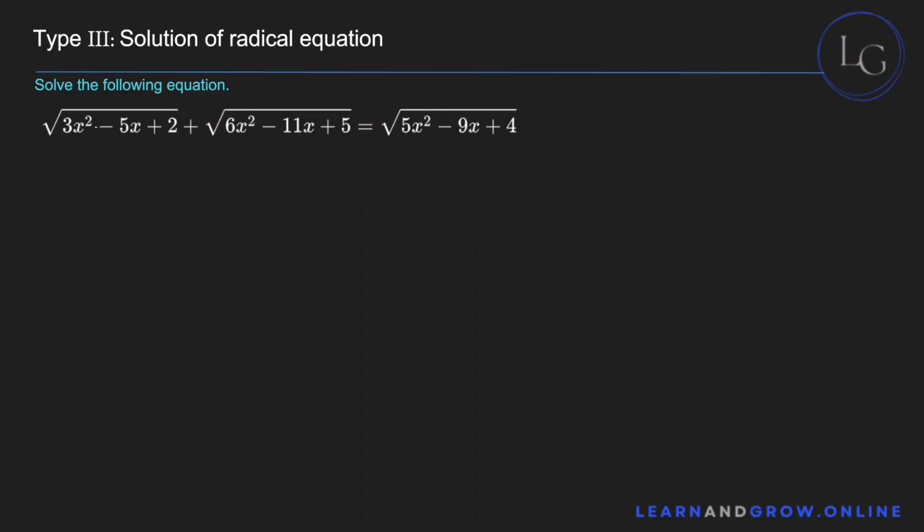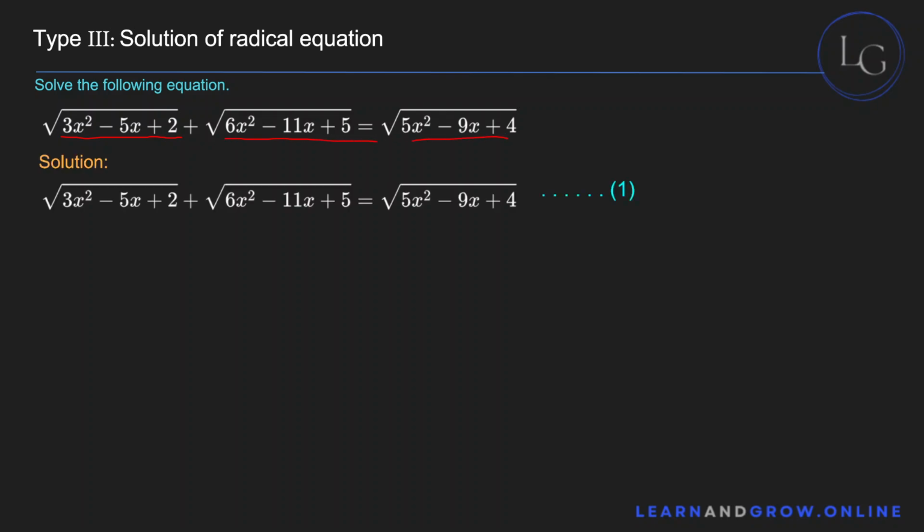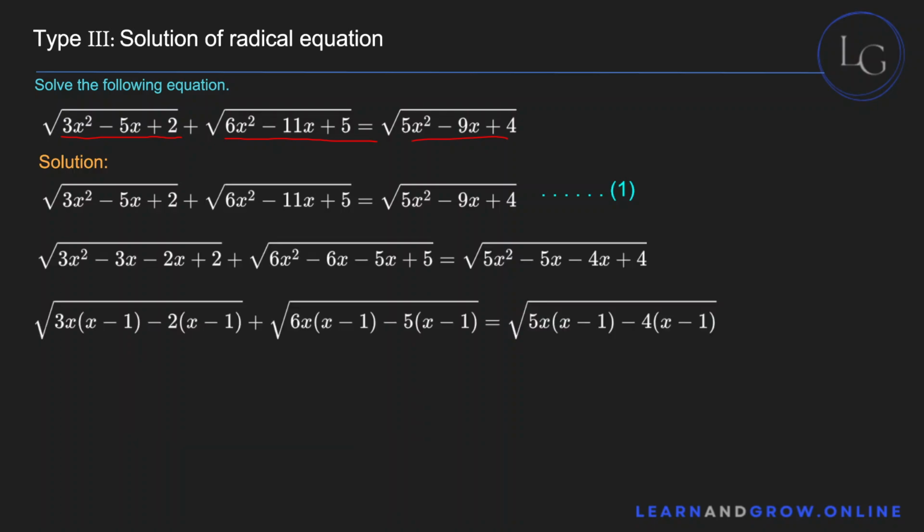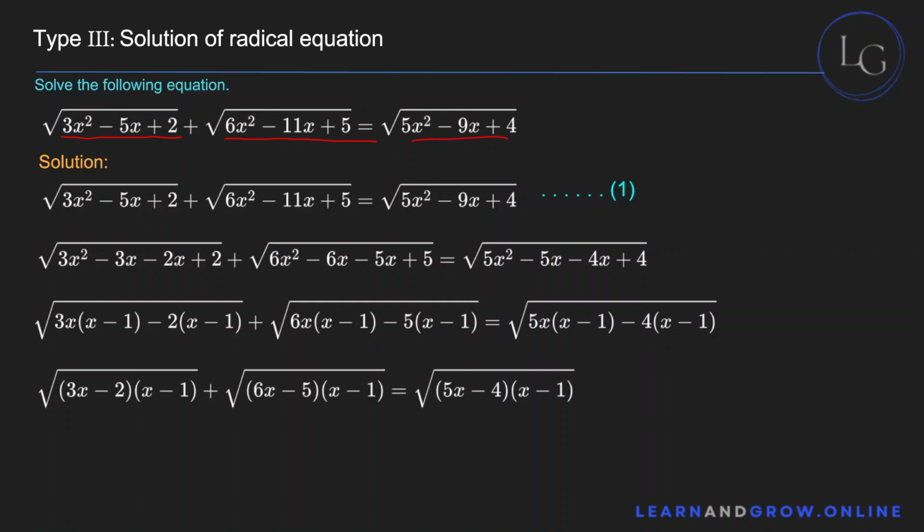Over here, you similarly have radical terms on both sides, except that under the radical signs you have quadratic terms. So naturally, your first instinct is to factorize the quadratic terms. And upon factorizing the quadratic terms, you get this equation here.